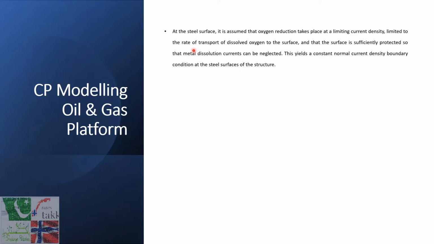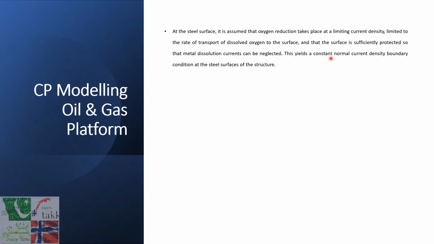Further to that, at the steel surface, it is assumed that oxygen reduction takes place at a limiting current density, which is quite an important factor. The limiting current density is limited by the rate of transport of dissolved oxygen to the steel surface, and the steel surface is sufficiently protected so that metal dissolution currents can be neglected.